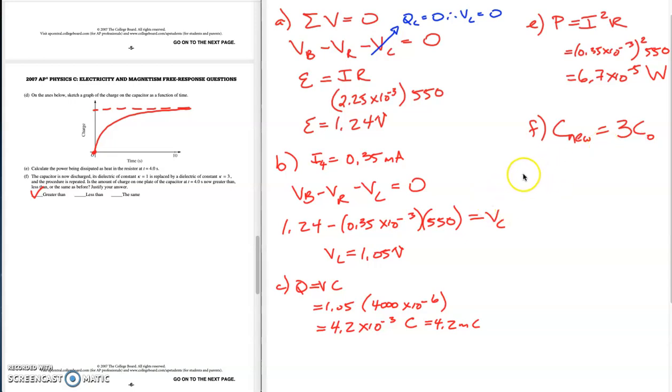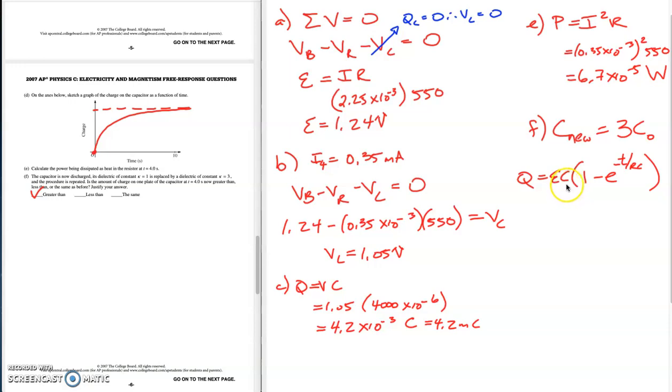Now, the equation that we derived in class for charge on the capacitor is as follows. It's 1 minus the exponential decay, which is how we get this curve.